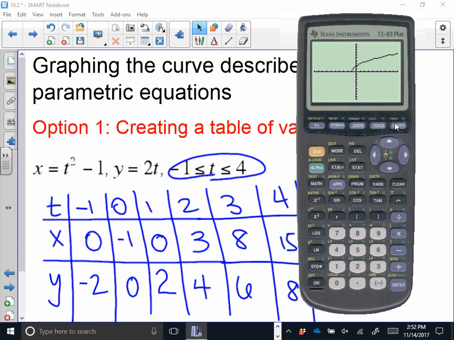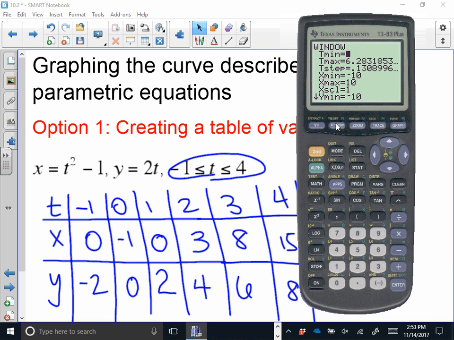Now, this is not the graph that we created. It's only a portion of it. Does anybody else's look like mine? Technically, this should be a full parabola, right? If we go to window, we'll see that our T min is 0 and our T max is 2 pi.